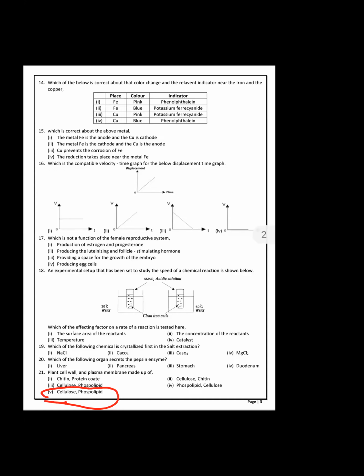The first one, chitin is in the protein coat of arthropods and fungi. You can write that arthropods and fungi are made of chitin. The cell wall is made up of cellulose, and chitin is again in arthropods.